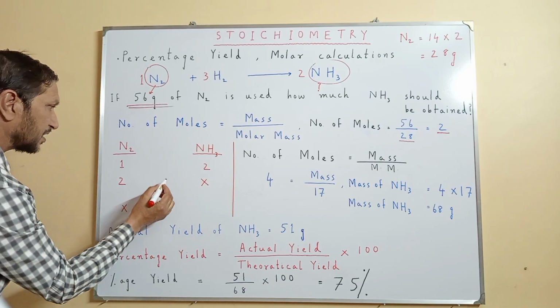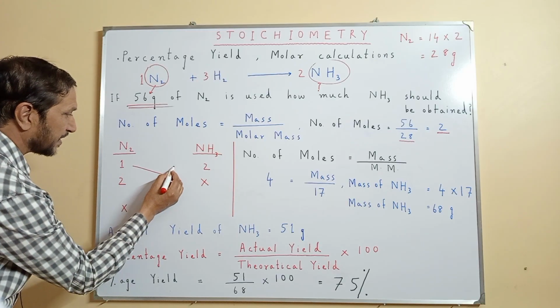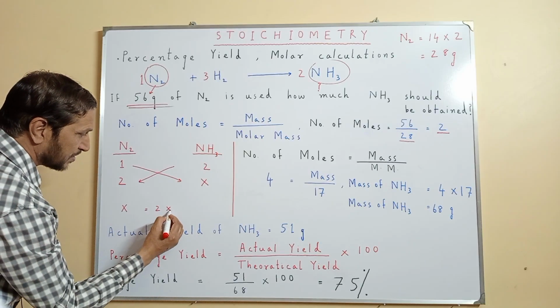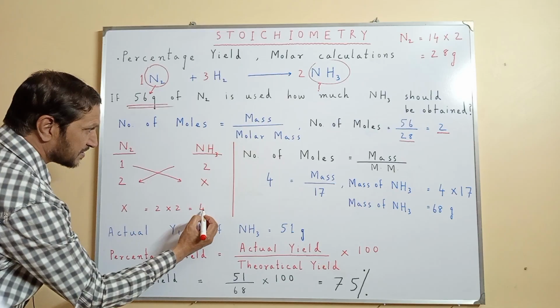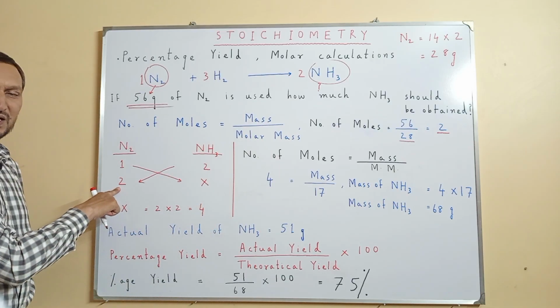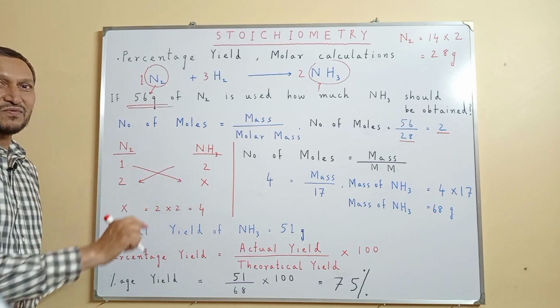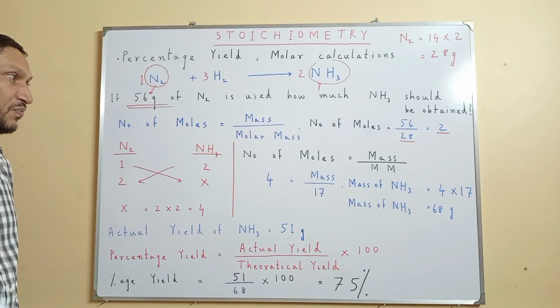Or you can calculate it like this: 1 multiplied by X and 2 multiplied by 2, so 2 multiplied by 2 becomes 4 moles. It means that if 2 moles of nitrogen are taken, we are expecting that 4 moles of ammonia will be produced.